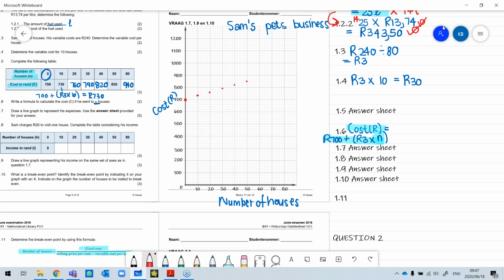For 60 houses, that information is not given in the table, so we are going to work it out separately on a calculator on the side, and that's going to give us 880 rand for 60 houses, so that will be there. For 70 houses, that information is also not given to us in the table, so we work it out on the side, which is 910 rand. And then for 80 houses, 940 rand. There we go.